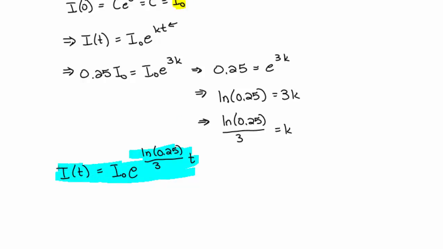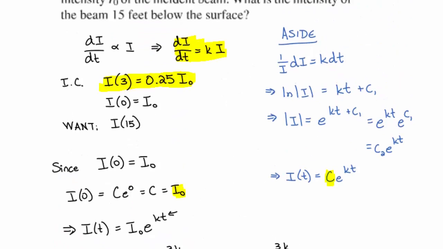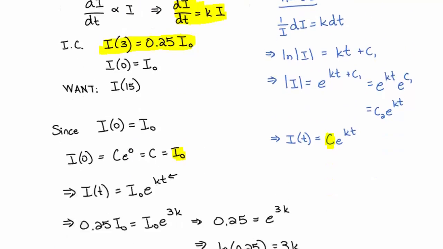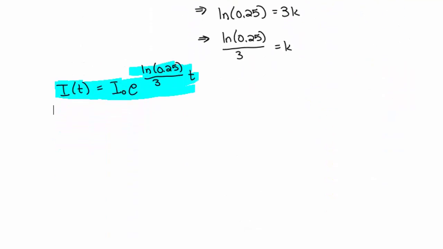Now to go back and answer the question at hand, the question was, what is the intensity at 15 feet below the surface? So all I need to do now is plug in 15 for t. I(15) will equal I naught e to the (natural log of 0.25)/3 times 15.